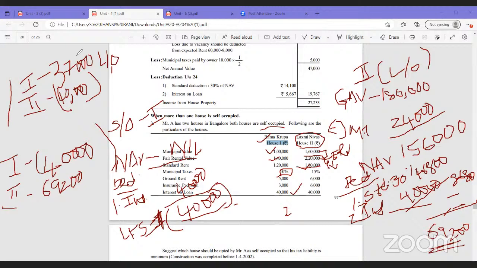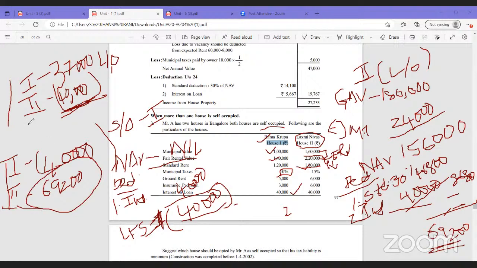So if you look at here, in the first situation, I'm getting a very small amount, 37,000 only income. This is a loss, there is no income on this house. So I will go for situation 1, where house 1 will be taken as let out house and house 2 will be self-occupied. Why? Because in situation 2, I am showing more income. When I show more income, I have to pay more tax to the income tax department.